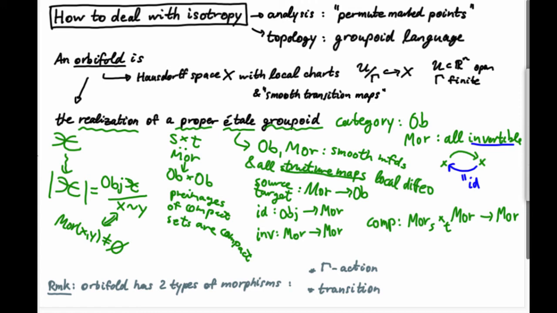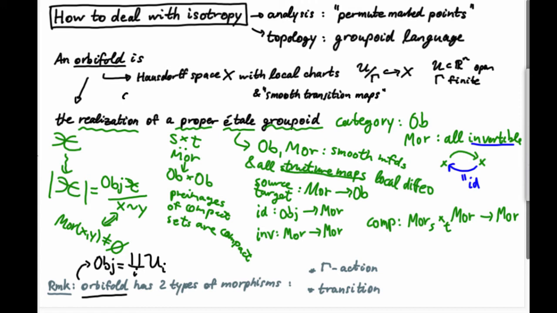So with that, I can roughly tell you how, when I have an atlas of orbifold charts, I get a groupoid. If I have an orbifold, what should be my object space? Well, I'm just going to take the disjoint union over my atlas of all the domains of my charts.